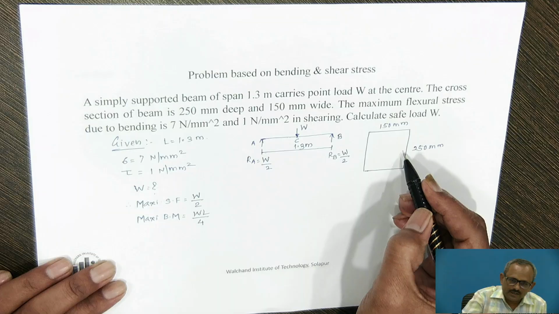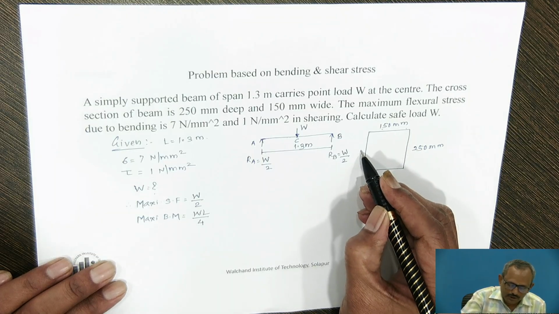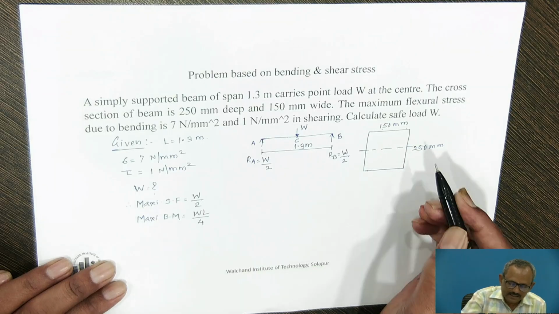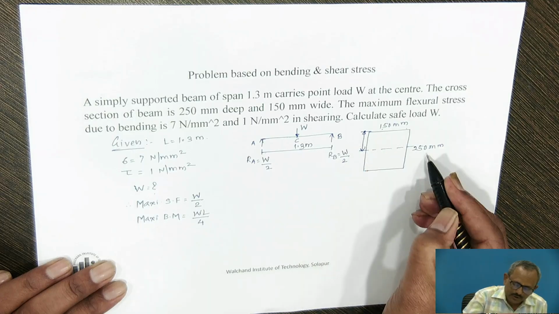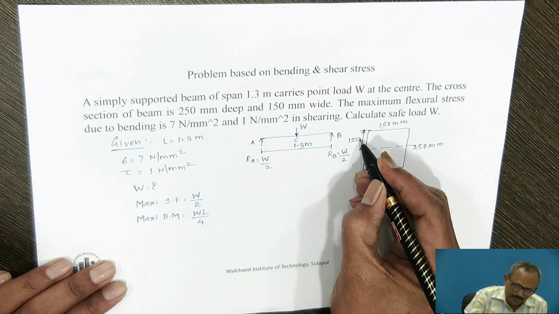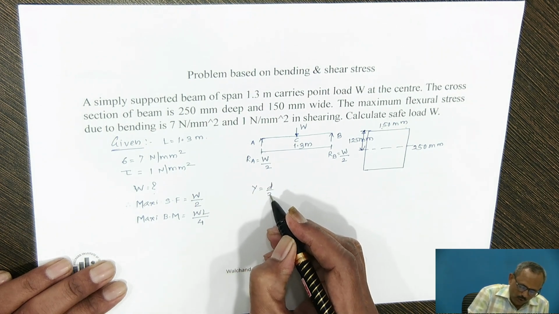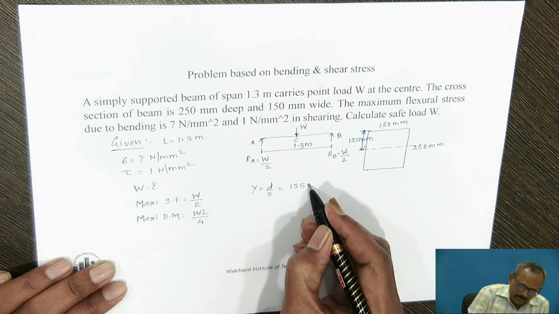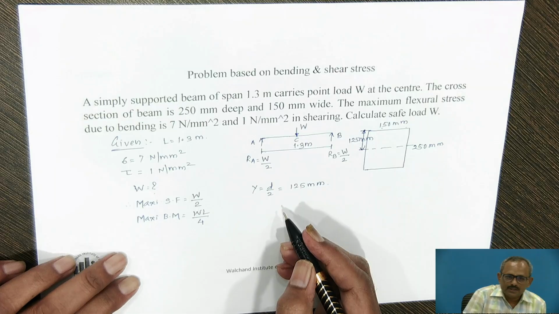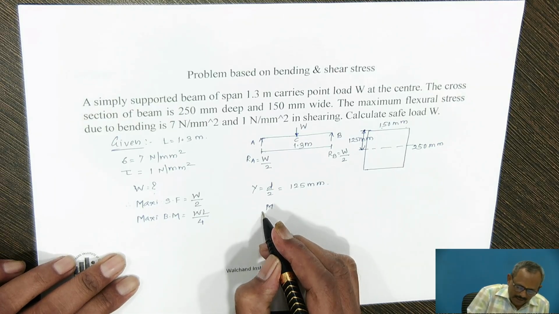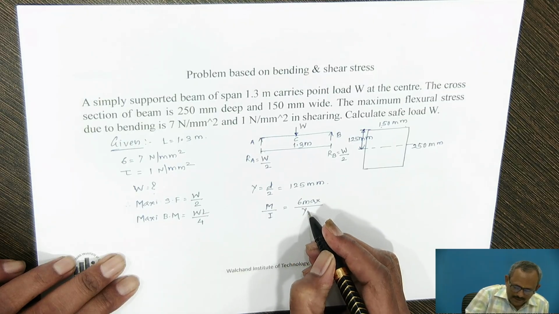Now, the section which is given is a rectangle having width 150 and depth 250 mm. The position of the neutral axis for this rectangle section from the top edge is at half of the depth. So y is equal to d by 2, which is equal to 125 mm. Now, first of all, we will use the bending equation: M by I is equal to sigma max divided by y max.